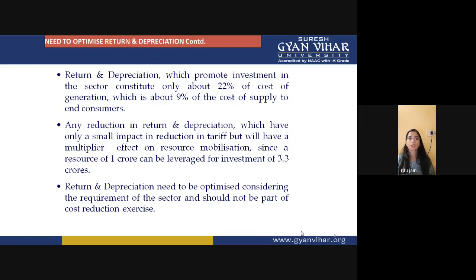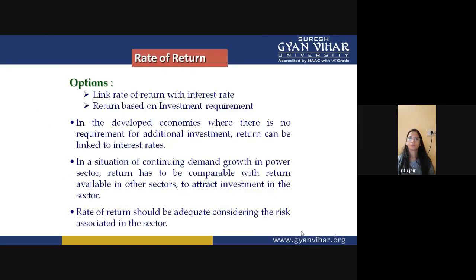So any reduction in return and depreciation has only a small impact on reduction in tariff, but will have a multiplier effect on resource mobilization, since a resource of 1 crore can be leveraged for an investment of 3.3 crores. So return and depreciation need to be optimized considering the requirement of the sector and should not be part of a cost reduction exercise.